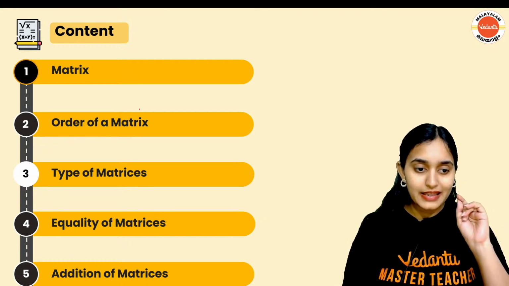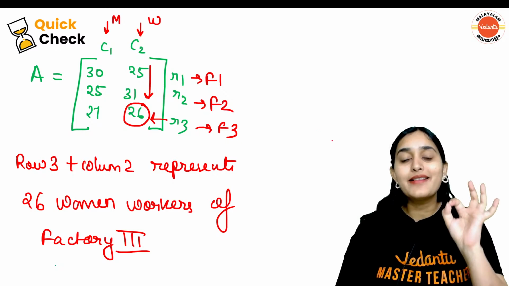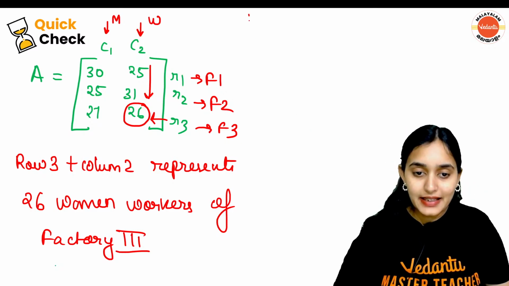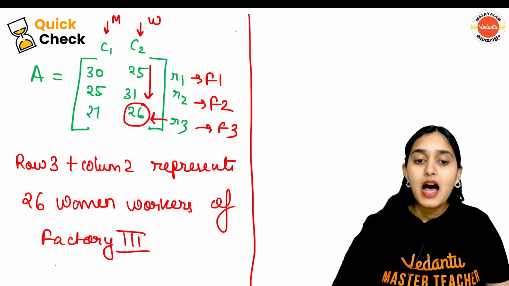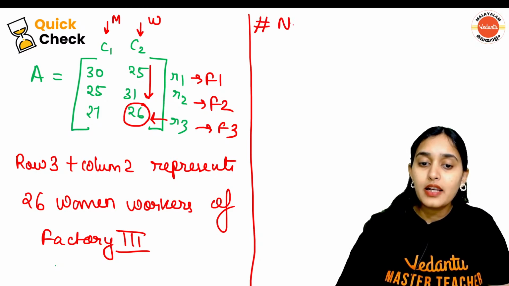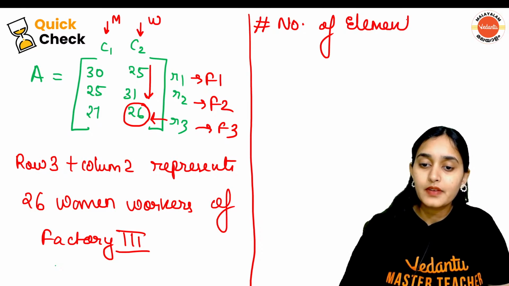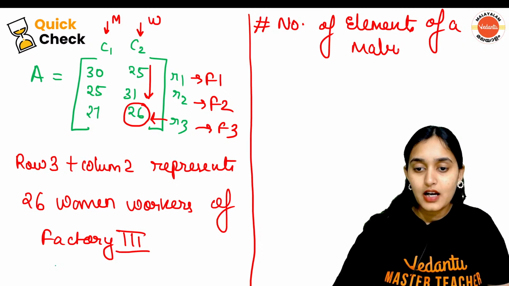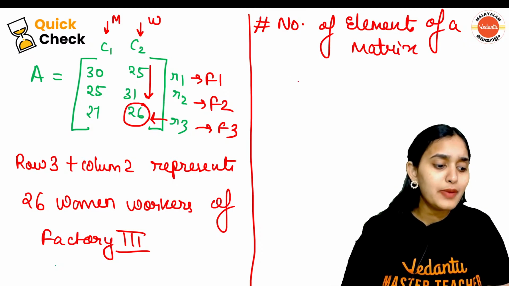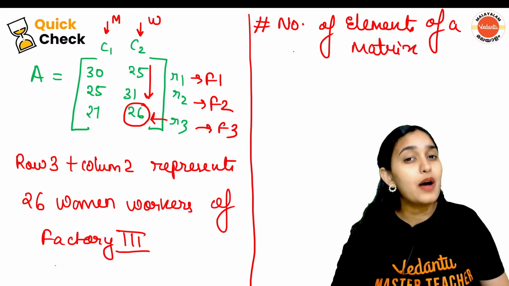Now, there is one more important term you should know, that is how to find out the number of elements of a matrix. So do you know a matrix has how many elements? How can you find out?